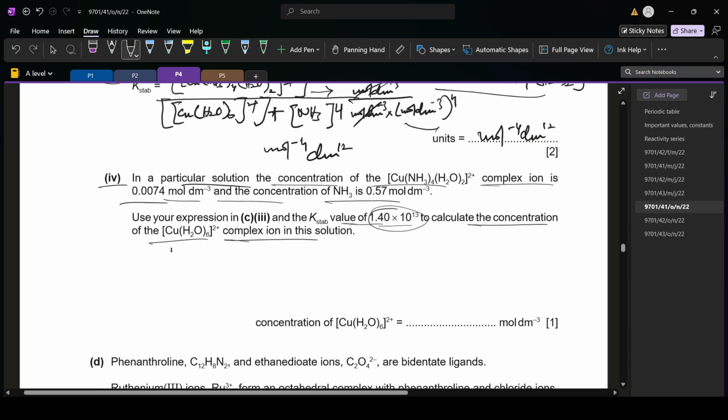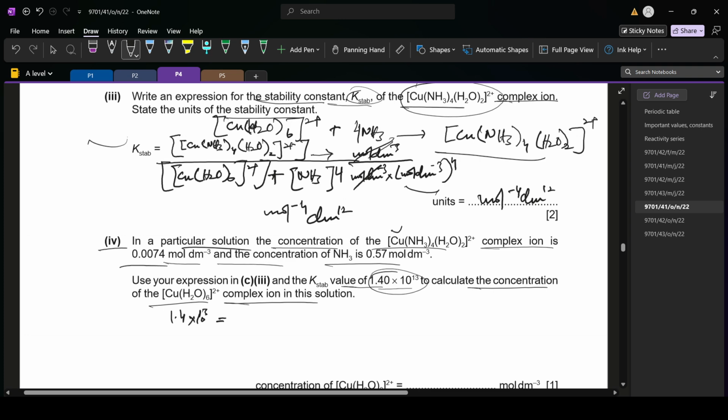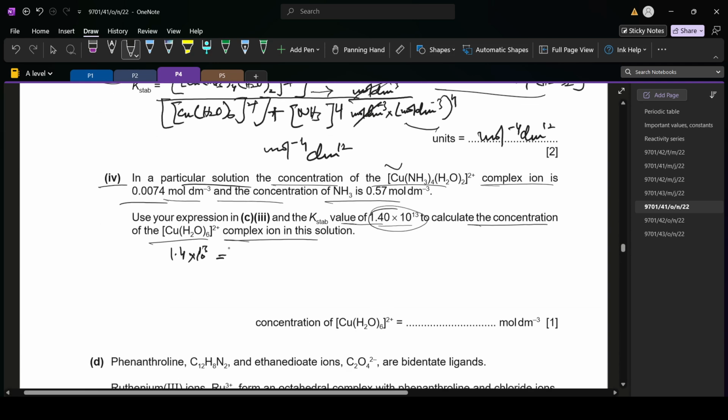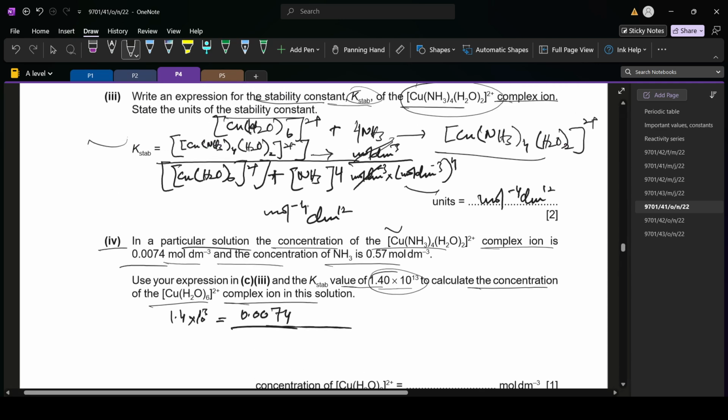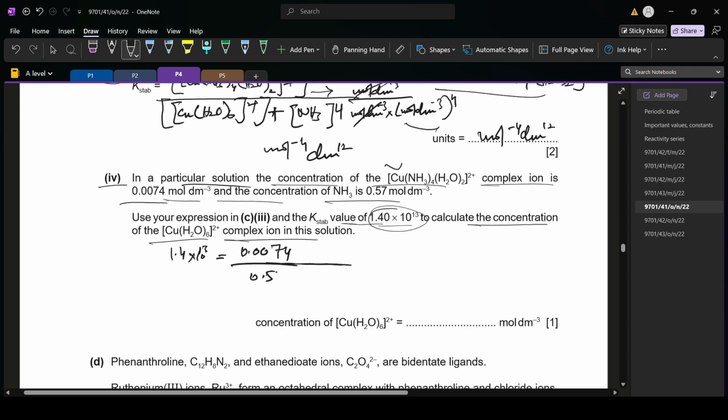The K stability value is given to you, 1.4 × 10^13, is equal to the concentration of this complex, 0.0074, divided by the concentration of ammonia, 0.57 to the power 4.